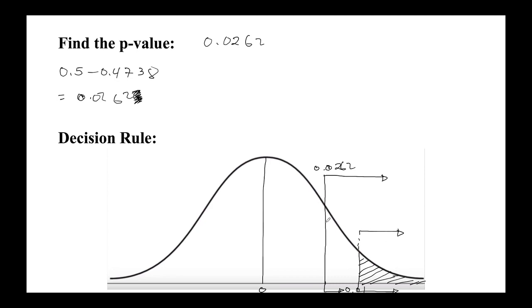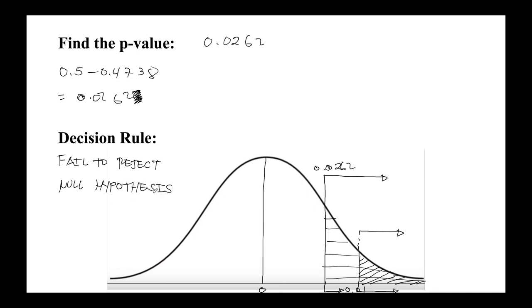Sakop niya yung rejection region, hindi siya yung sinakop ng rejection region. Tandaan niyo yan. Meaning to say, we actually fail to reject null hypothesis. So, decision, fail to reject null hypothesis.